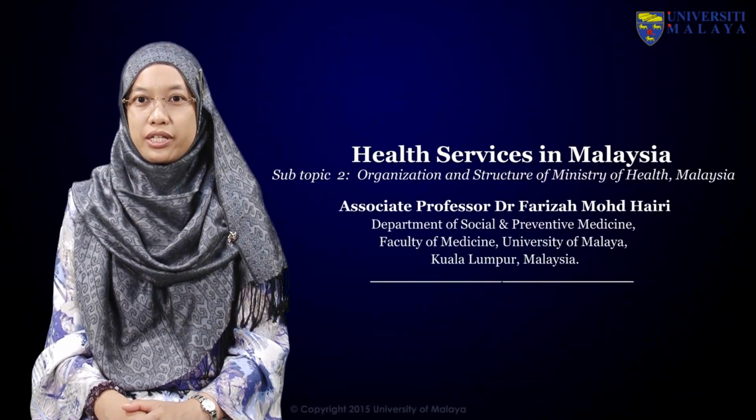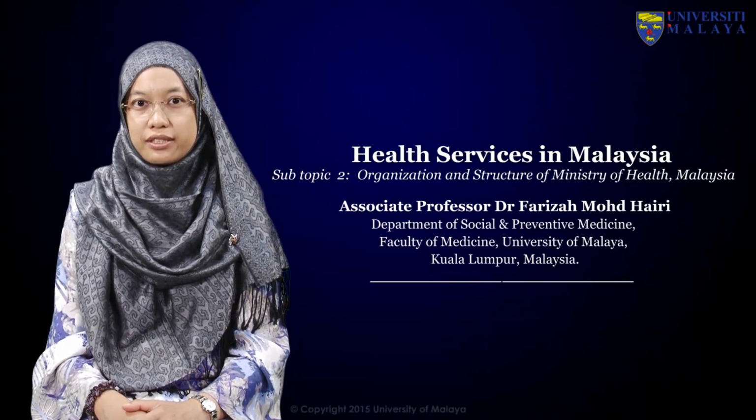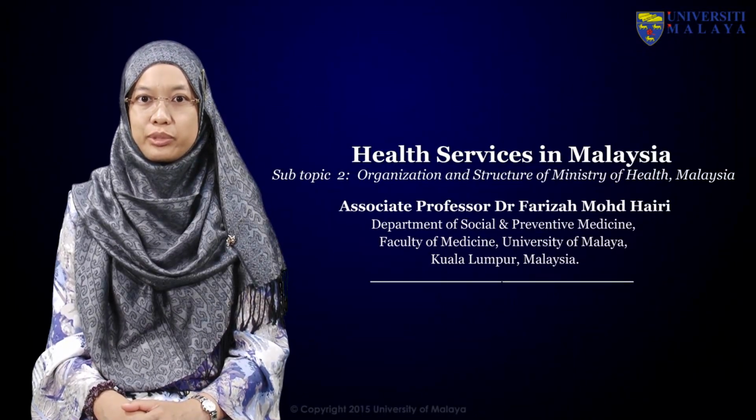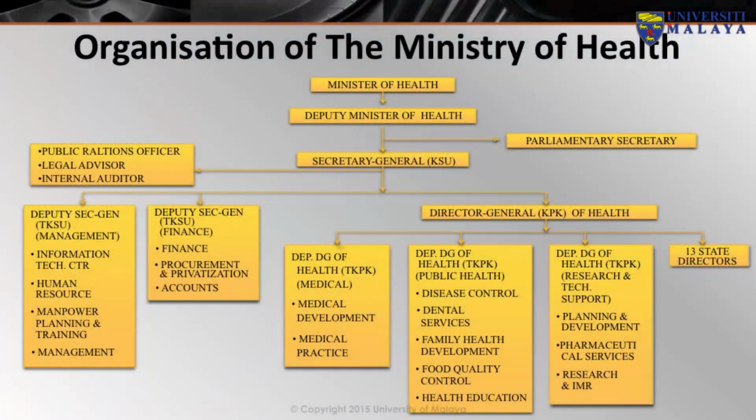Welcome to the second part of this lecture, which is on the organisation and structure of Ministry of Health Malaysia. This chart shows the general organisation structure of the Ministry of Health at the federal level or the headquarters. We will focus on the technical component of this organisation structure, which is headed by the Director General of Health, who is a medical doctor.